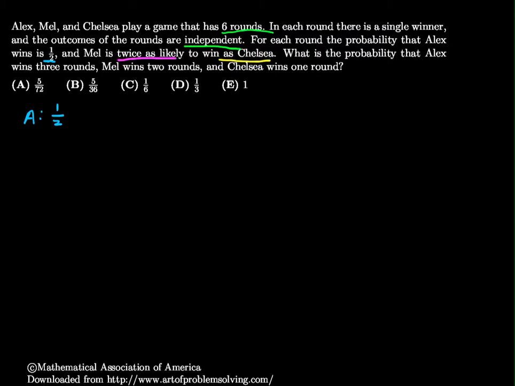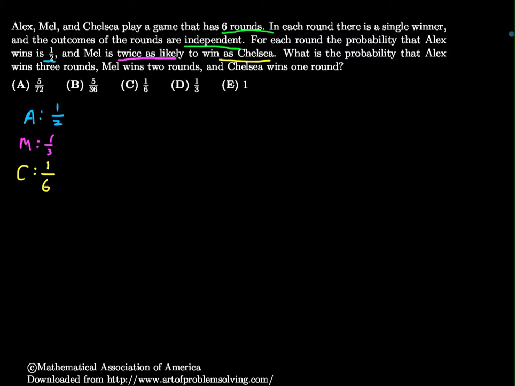They don't really say it, but I'm going to put it down here. It's not quite as useful, but Mel has a 1/3, and Chelsea has a 1/6 because there's half left and they should be in the ratio of 2 to 1. But the 2 to 1 is going to be much more important to solving this problem.